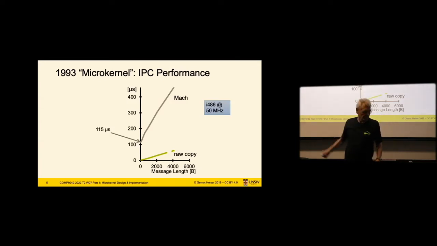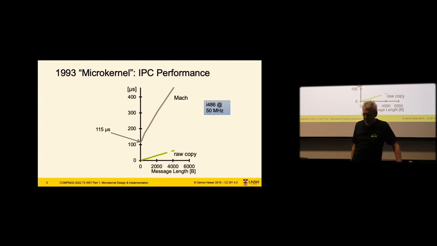The most well-known microkernel of the day, and actually that was the system where they coined the term microkernel, was Mach from CMU, Carnegie Mellon in the US. And it was representative for these, what we now call first-generation microkernels. And unfortunately, it was also representative in terms of performance. So it had an IPC cost of the order of 100 microseconds.